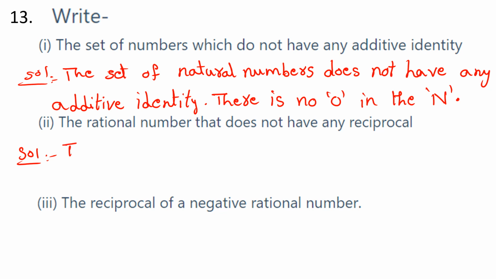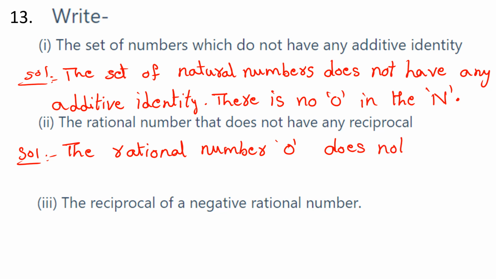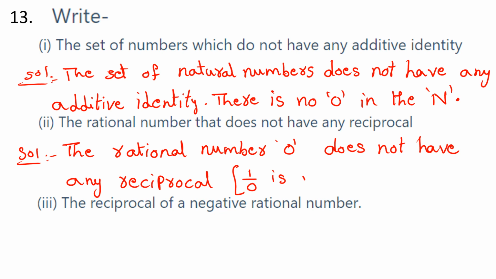The rational number 0 does not have any reciprocal, right? 1 by 0, that means division by 0 is not defined, that's why.